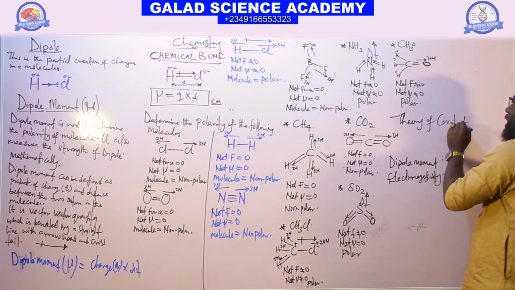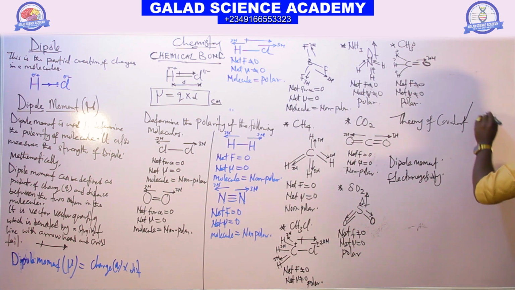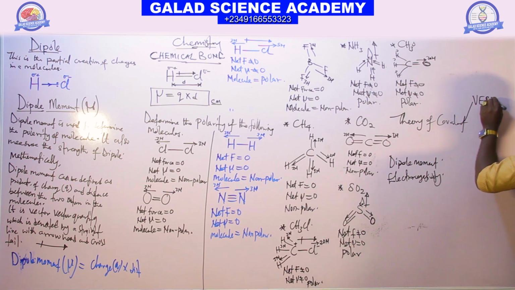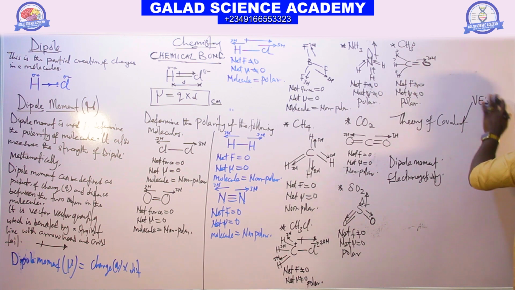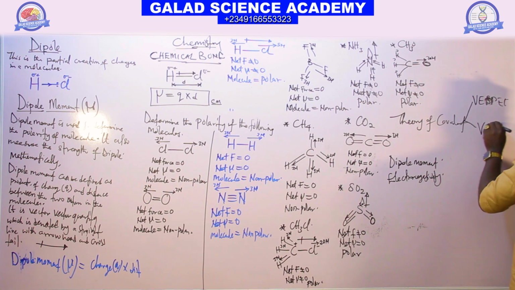The theory of covalent bond comprises VSEPR, the valence shell electron pair repulsion theory, valence bond theory, and molecular orbital theory.